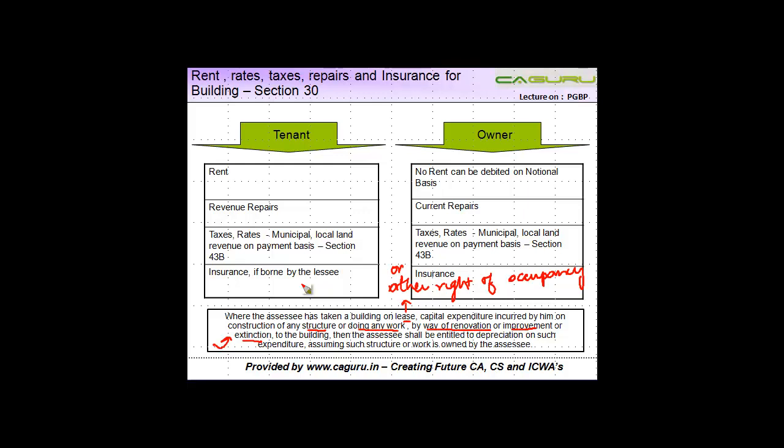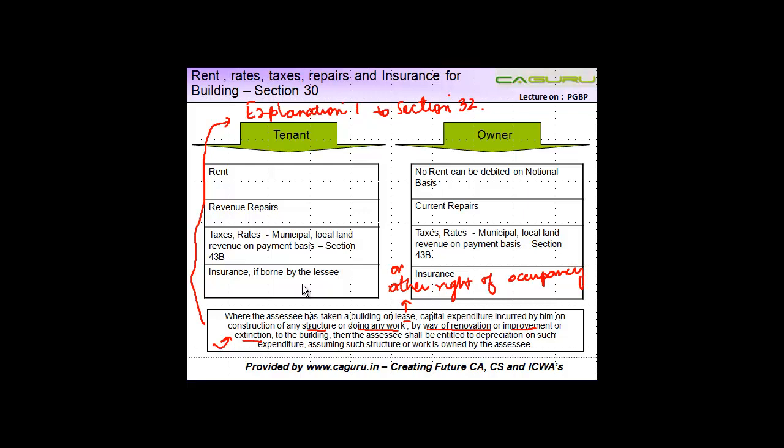To the building, then the assessee shall be entitled to depreciation on such expenditure, assuming such structure or work is owned by the assessee. This is basically nothing but Explanation 1 to section 32. Under this explanation, it is deemed that the assessee is the owner of the building, and therefore this is a capital expenditure which he has incurred, and therefore he should be entitled to depreciation on such amount.